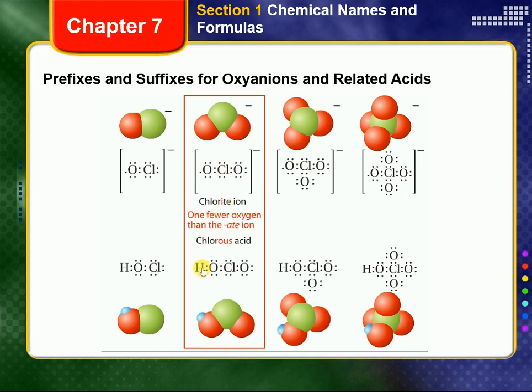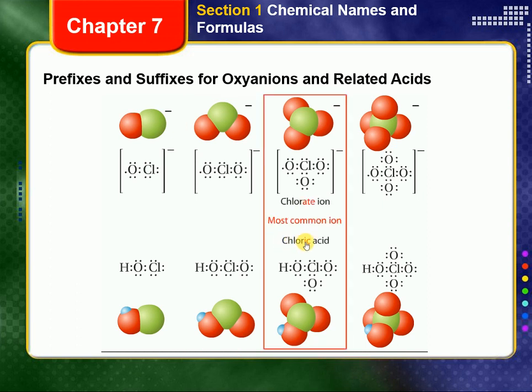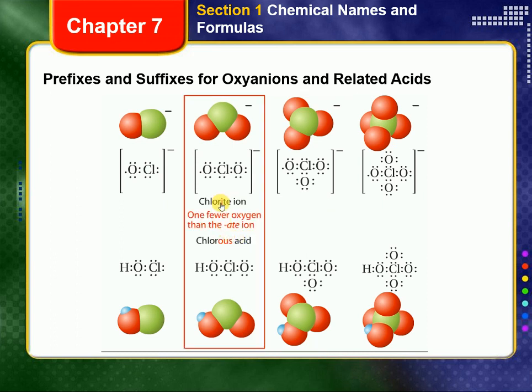Now, when we add the acidic proton, the ITE becomes OUS acid. So the chlorite ion becomes chlorous acid. We have chloric acid from the chlorate ion, ate becomes ic. But from the chlorite ion, we get chlorous acid.